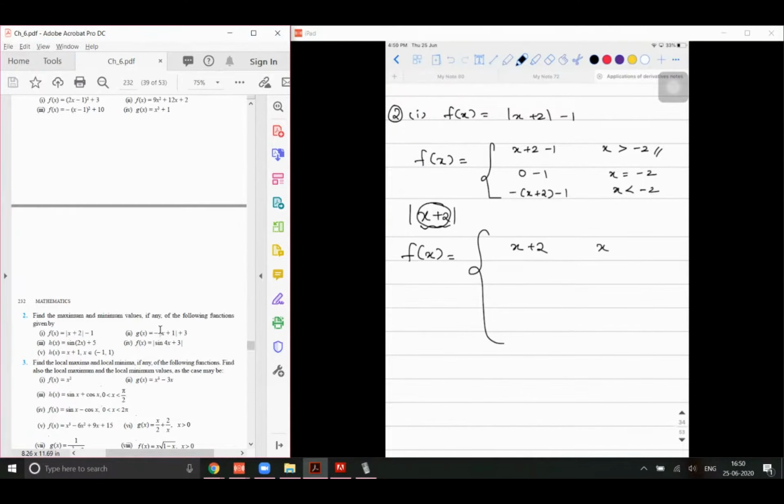Or else I'll put it very simple. Write the value inside the modulus as positive value when the value inside the modulus is greater than 0. Write it to be 0 when the value inside the modulus is equal to 0. Write it as minus of the value when the value inside the modulus is less than 0. This is the logic I used here.